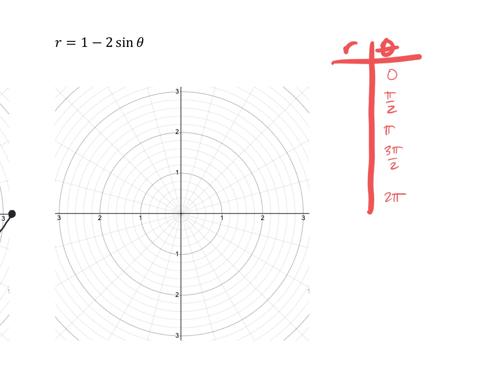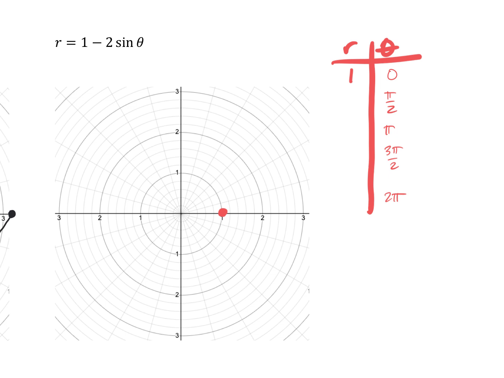So 1. That gives me this point. Theta 0, so this point. That pretty good?